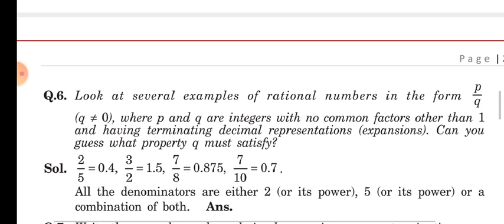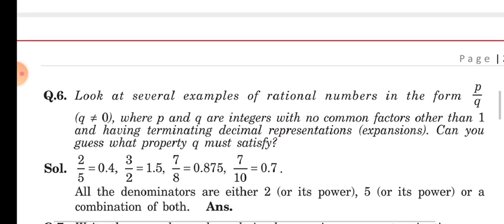Look at several examples of rational numbers in the form p by q, where p and q are integers with no common factor other than 1, and having terminating decimal representation, that means expansion. Can you guess what property q must satisfy?